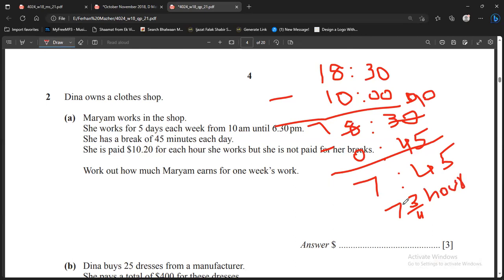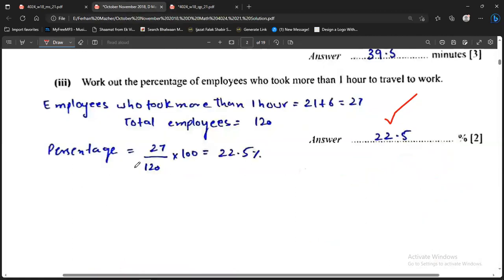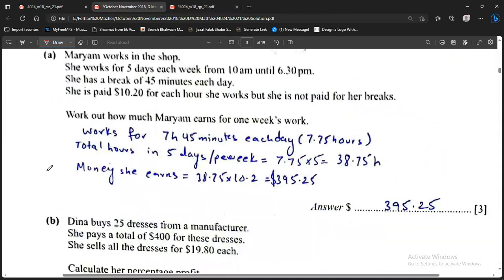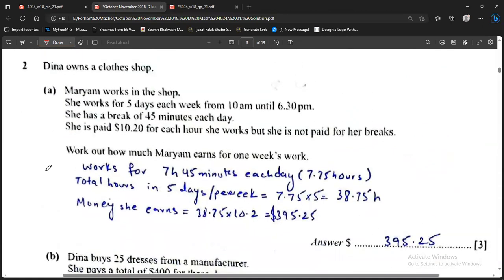She works 5 days a week, and for 1 hour she worked, she's paid $10.20. So she works 7 hours and 45 minutes each day, which means 7.75 hours.